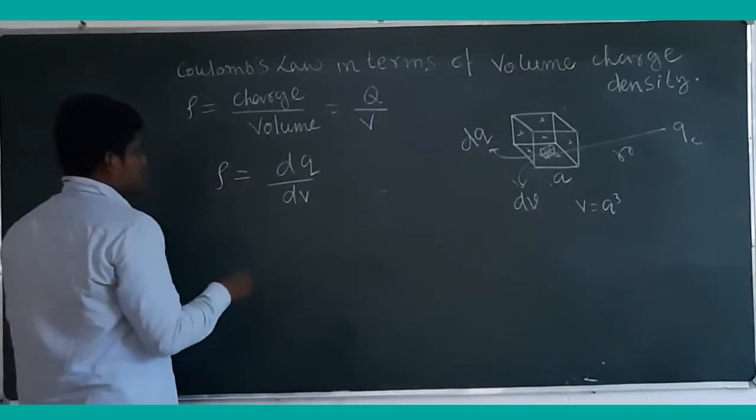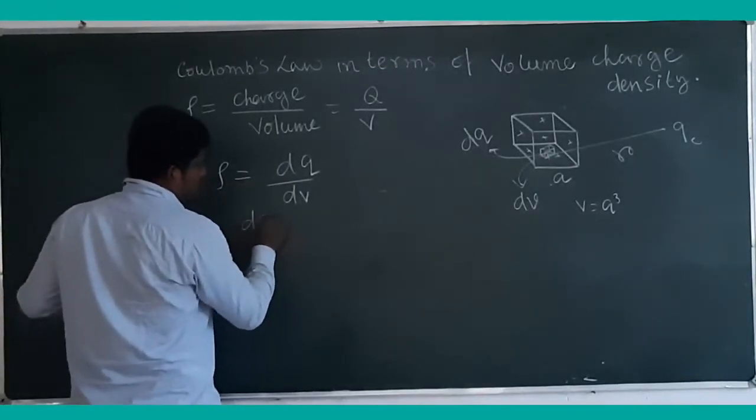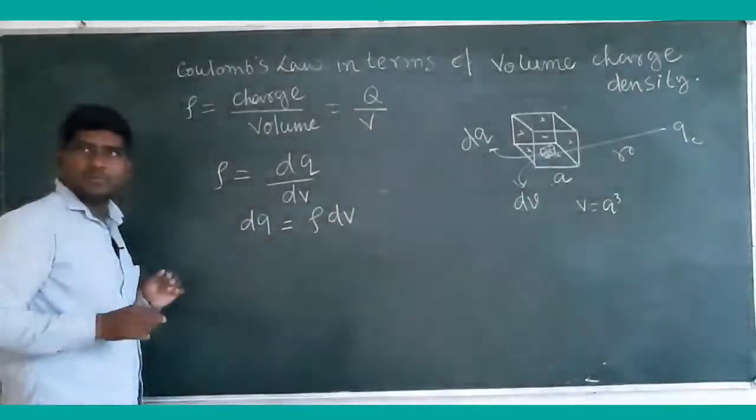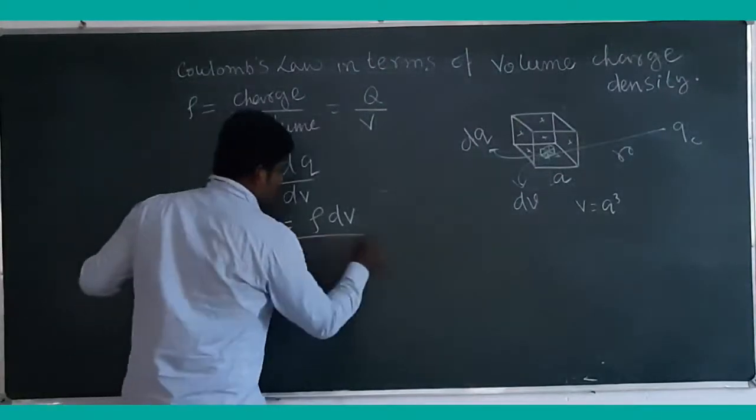From that we can easily write dq equal to rho dV.